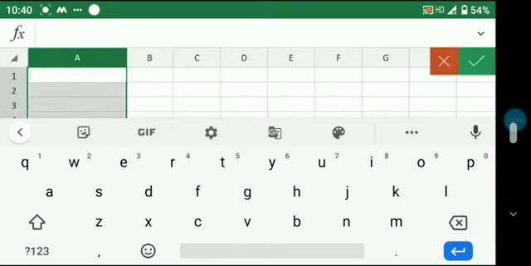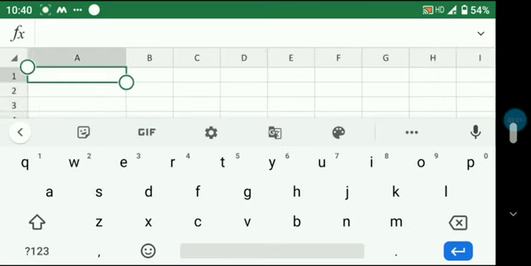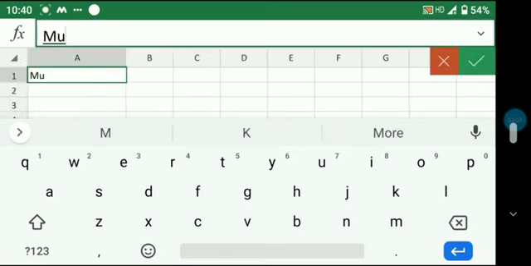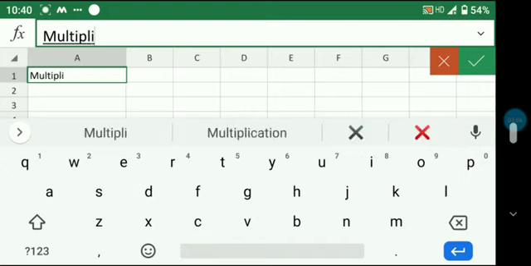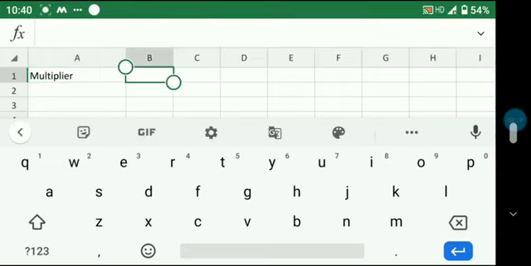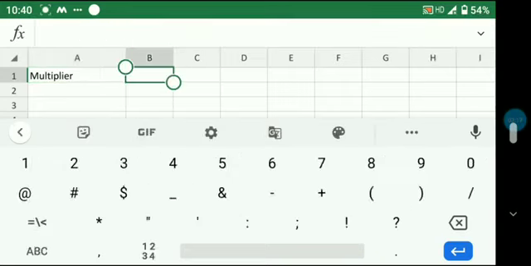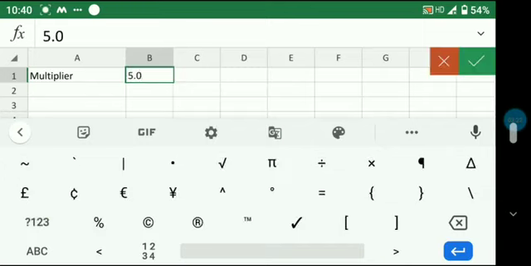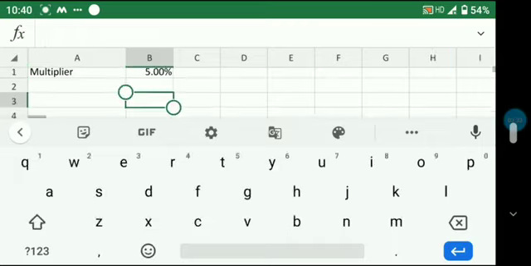The multiplier value is 5.0, with the percentage symbol, and then we have to make a table. It is a table for the Beta industry, so let's start from here.